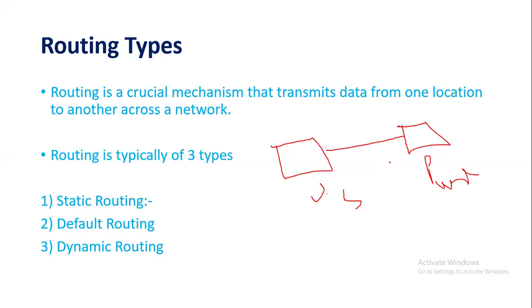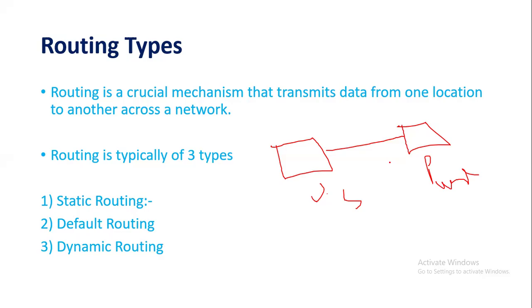That means it is going to advertise or transmit the data from one location to another, within the network or across the network. So we have multiple protocols to transmit the data from one location to another. Basically there are three types of routing. Static routing, which is one-to-one routing that we need to configure manually.